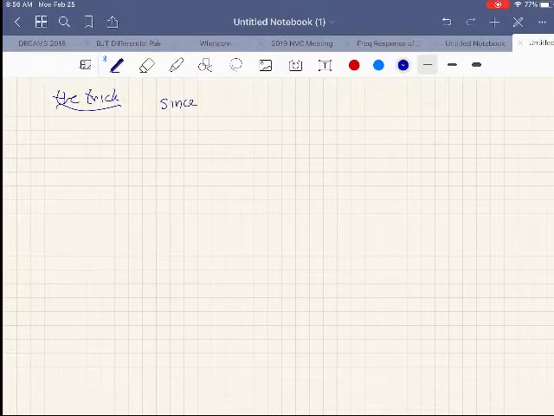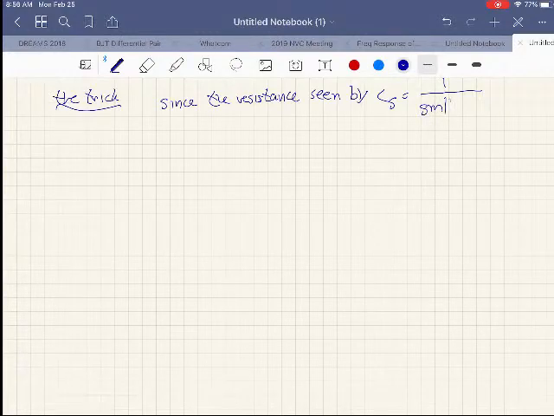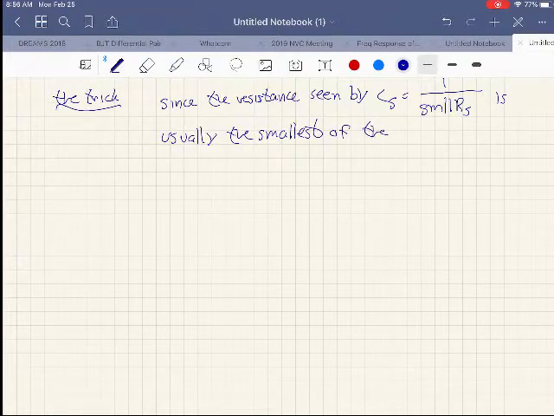Since the resistance seen by CS, which is 1 over the transconductance in parallel with RS, is usually the smallest of the three capacitor resistances.